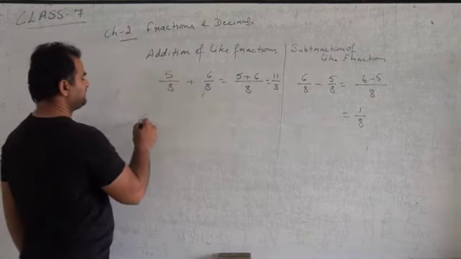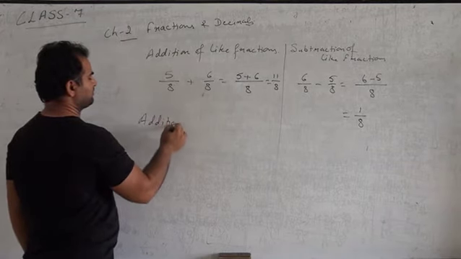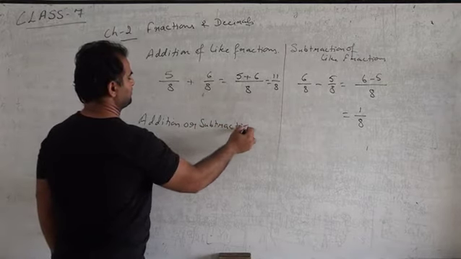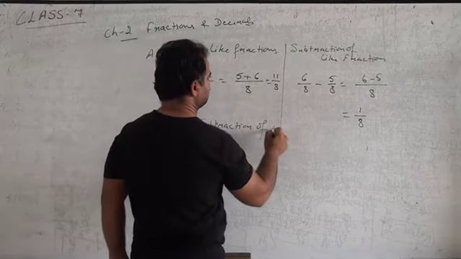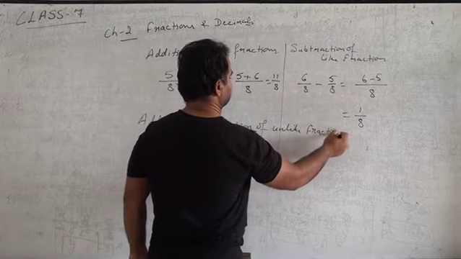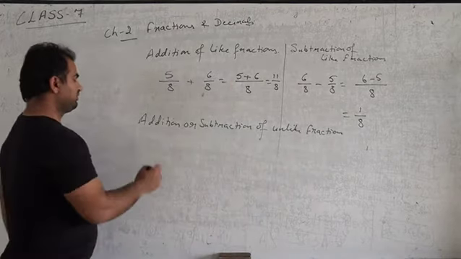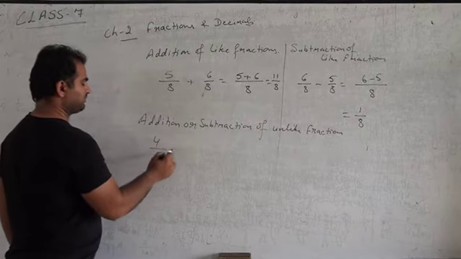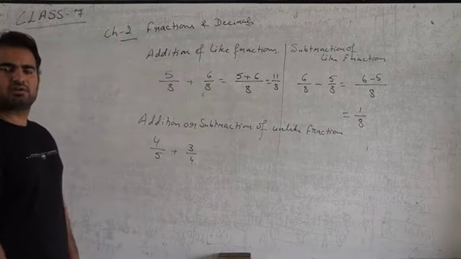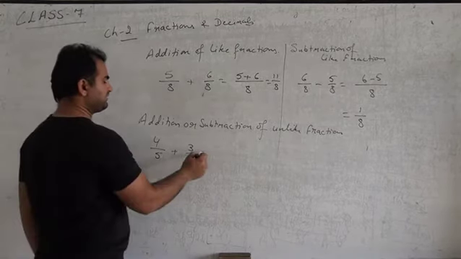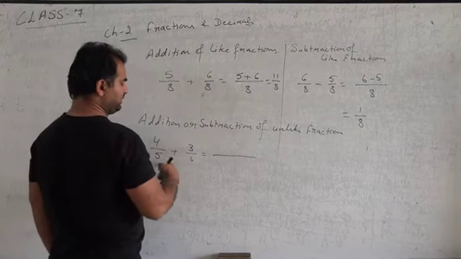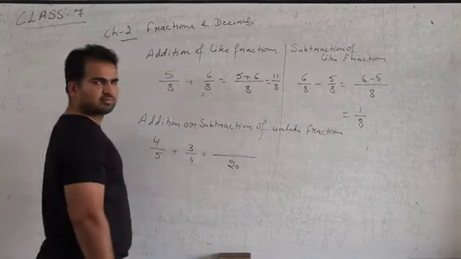Next step is addition or subtraction of unlike fractions. Like 4 upon 5 plus 3 upon 4. Done? What we have to do is find the LCM of 5 and 4. It will be 20.